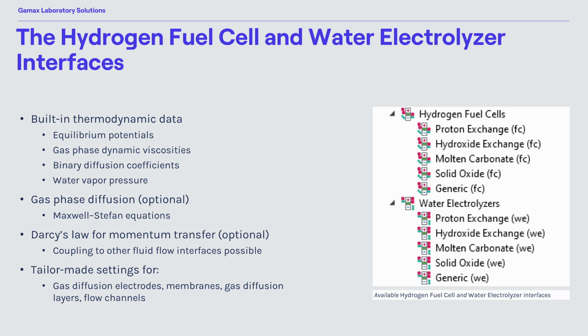Other features: there is lots of built-in data, especially useful to calculate the thermodynamic data, the potentials, the viscosities, and different coefficients, and whether you want to include the water content or the nitrogen on the oxygen side. They are predefined and they are calculated during the solution. So you don't need to use any of your own equations, but you are not limited.